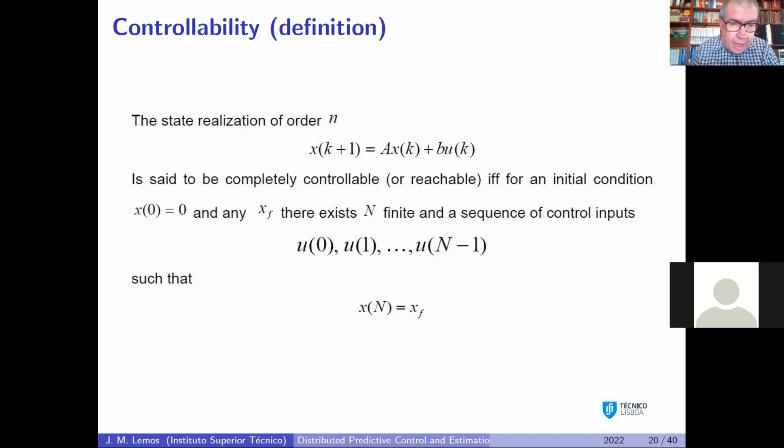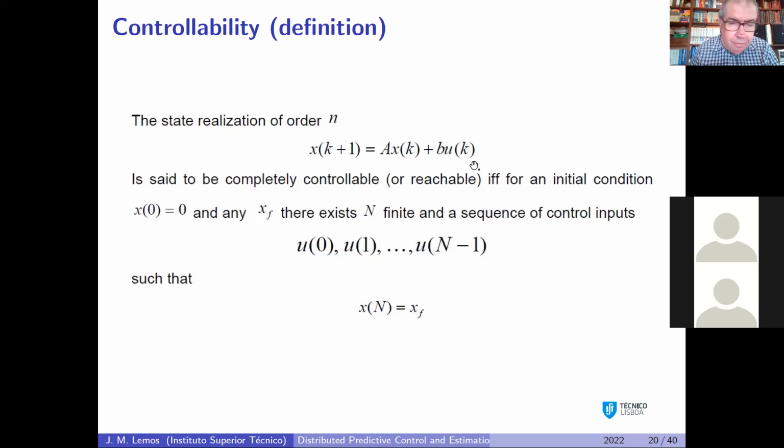And I say that this state is completely controllable, or simply controllable, in the sense that all the states can be moved, or reachable. I will discuss this term reachable in a moment. In Portuguese, atingível.